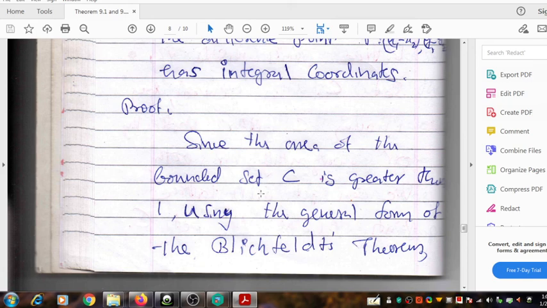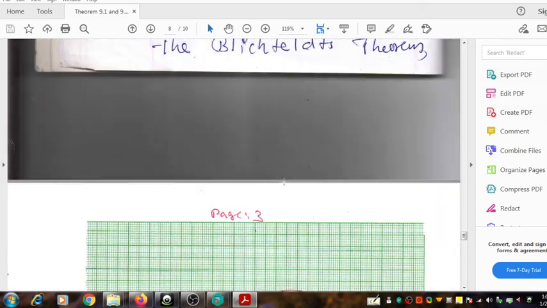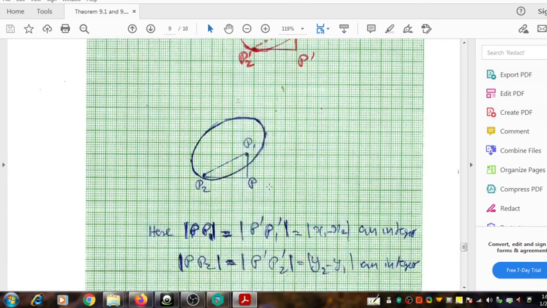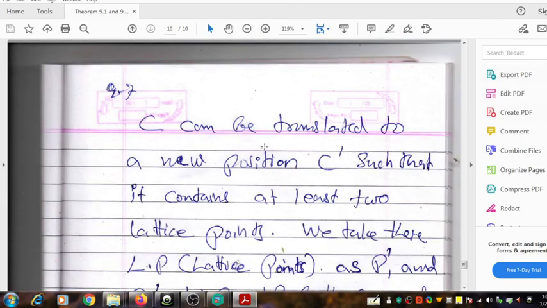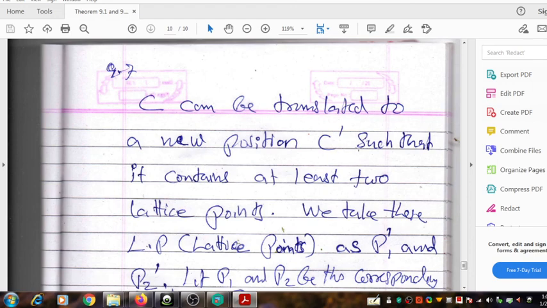So applying the Birch-Fields theorem, we get that C can be translated on R2 so as to cover at least 2 lattice points. C can be translated to a new position, which will be labeled C dash.